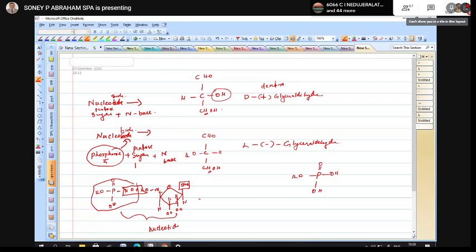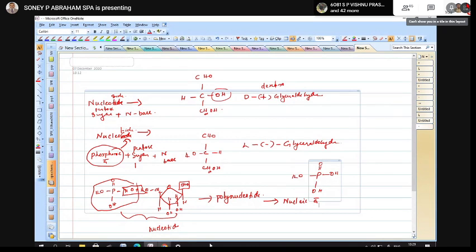Now I will show it again. Here you see these are the different nucleotides present. Nitrogen base, phosphoric acid group, nitrogen base, and different nitrogen bases present.